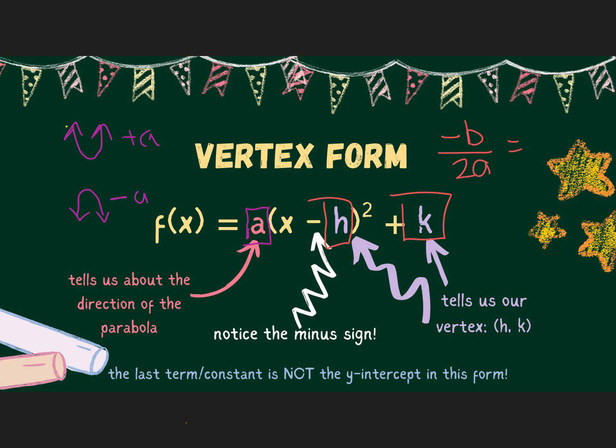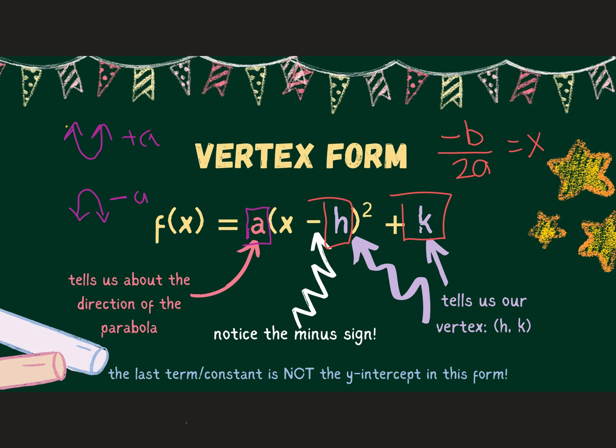That gave us the x value of our vertex, and then we plugged that x value in to find our y. Well, the great thing about vertex form is that if we know how to read the formula, it gives us the vertex in it. That's why it's called vertex form.